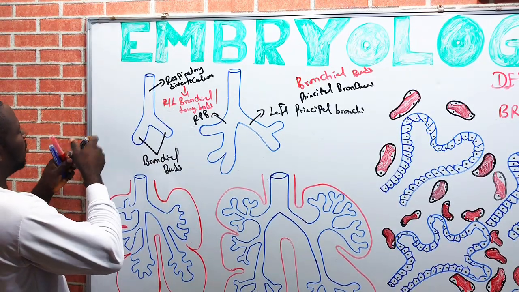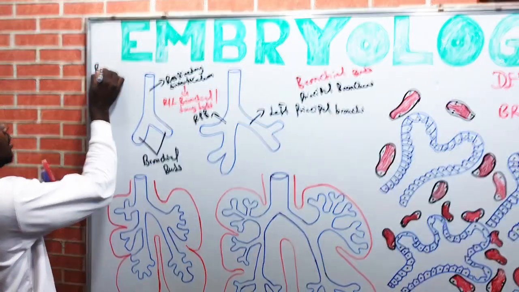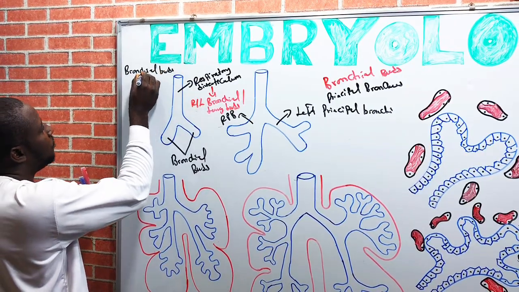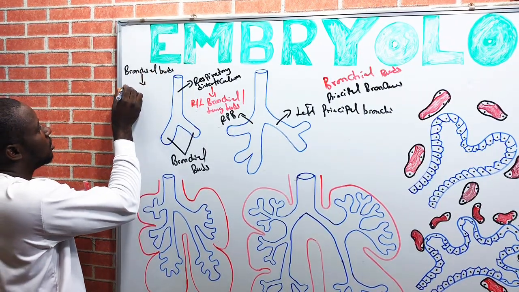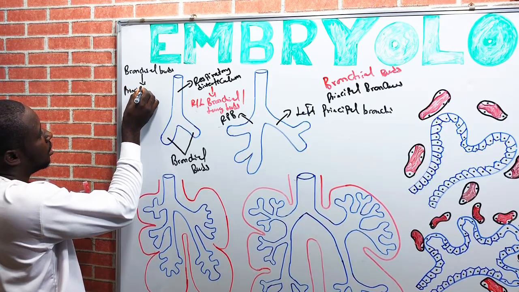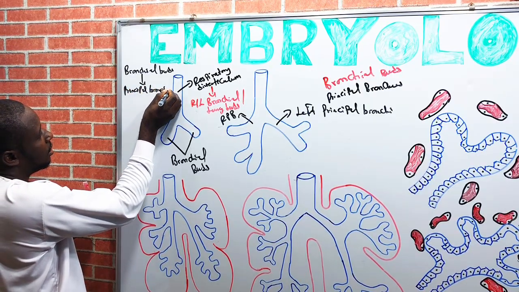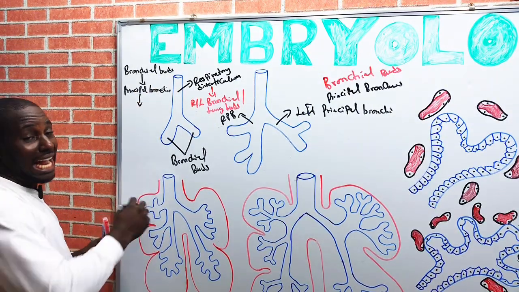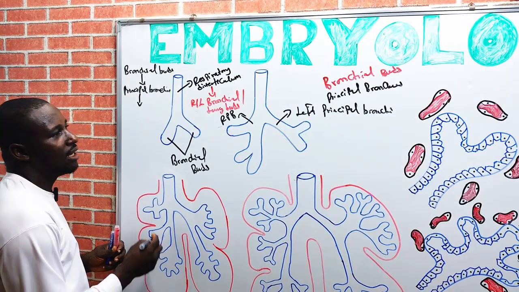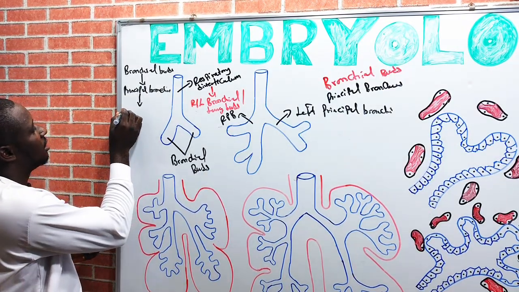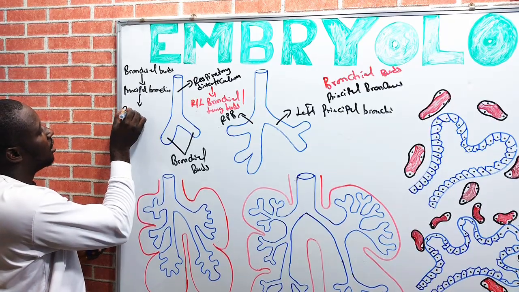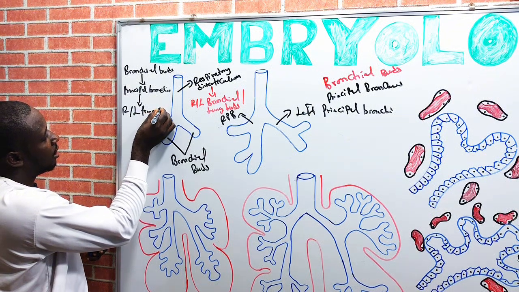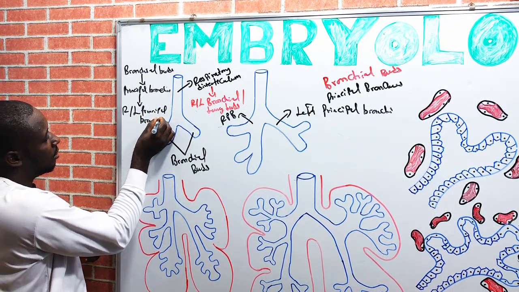So we have the bronchial bud, which forms the principal bronchus, which gives rise to the right and left principal bronchi.